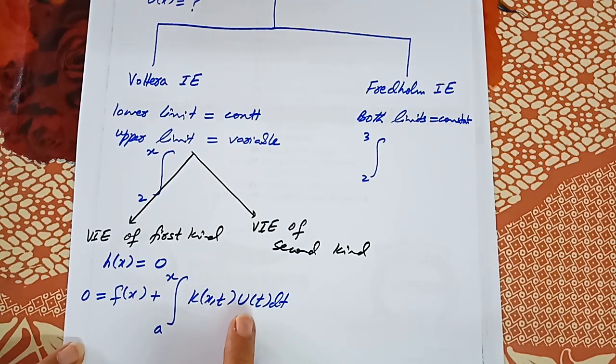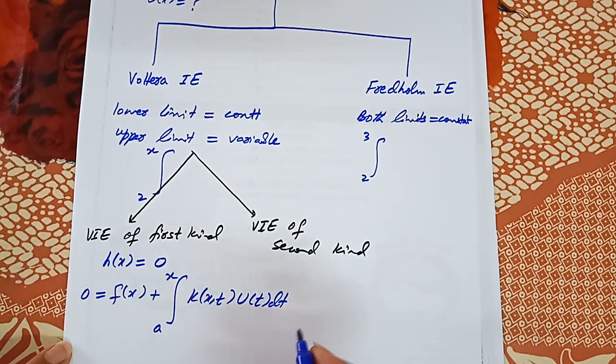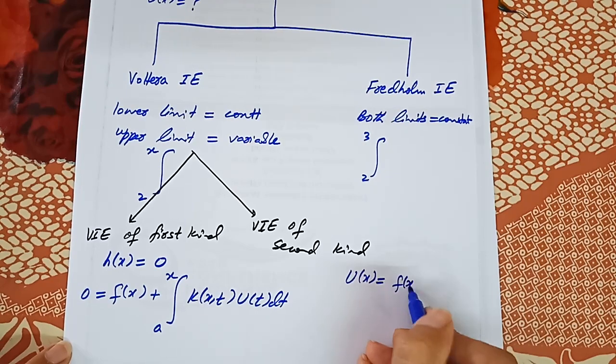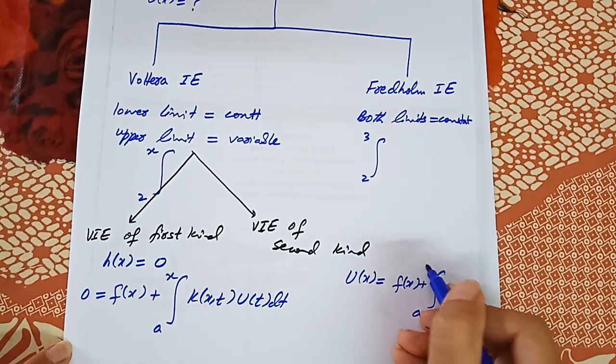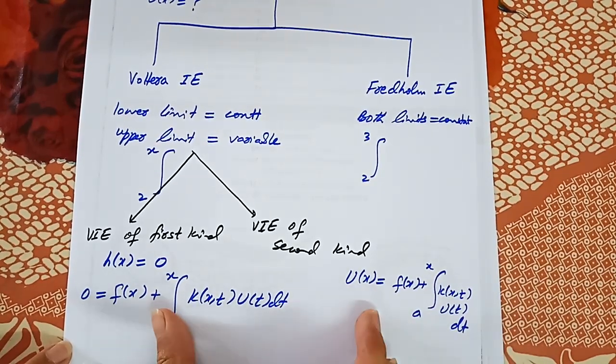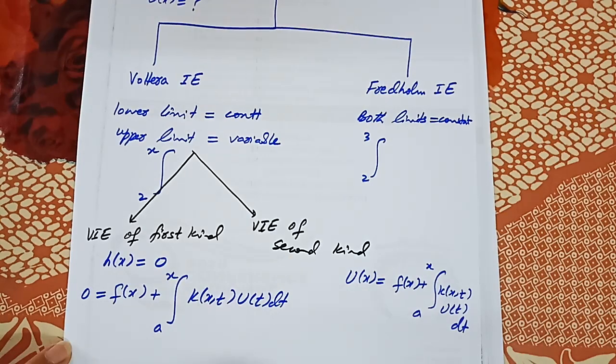But if your unknown function is present other than the integral, then this is your second kind. Like you also have here u of x equals f of x plus integration from a to x, k of xt, u of t, dt. Same is the case here with the Fredholm.